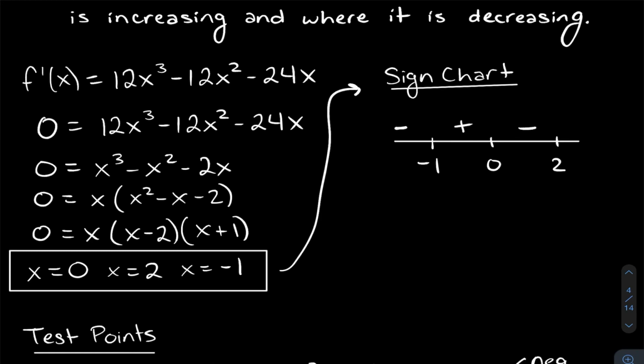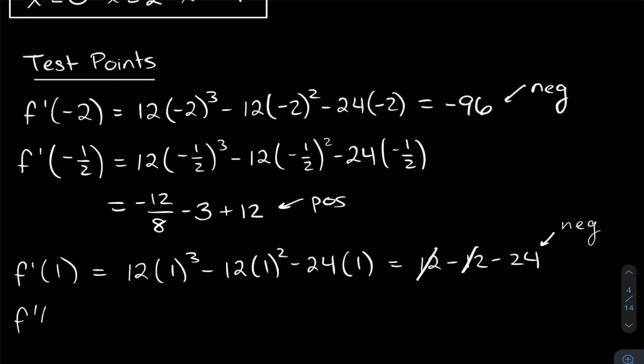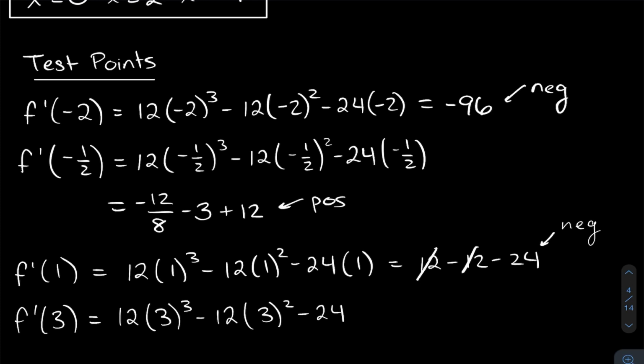And then the last category that we need to fill is a number that's in between 2 and infinity. And that we can just use 3, right? The next highest number up. And so we do f prime of 3. We know that that is going to involve some more plugging into our function. And these numbers are going to be pretty disgusting here.